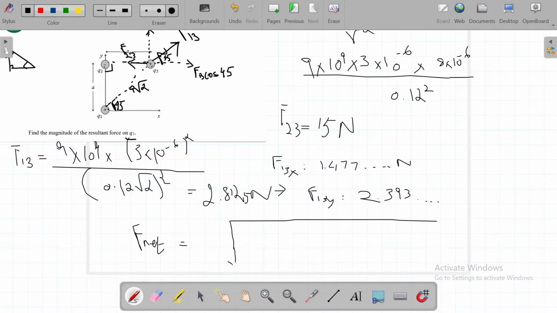So you do 1.477 minus 15, all squared, plus 2.393 squared. Plugging it into a calculator, you get 13.73.